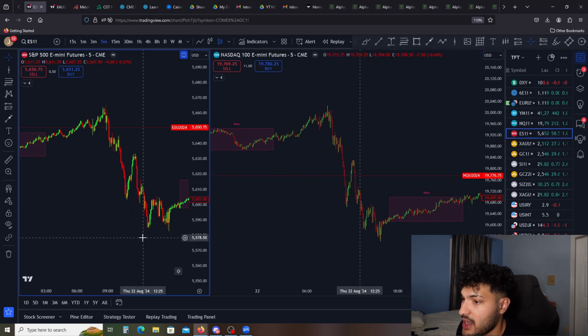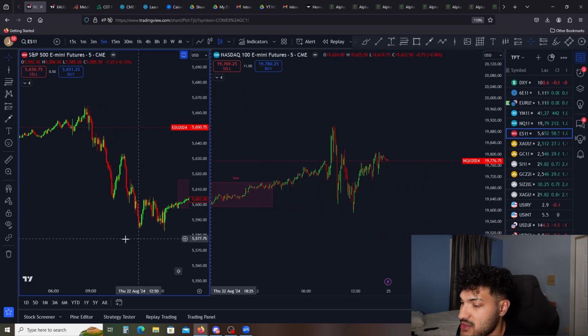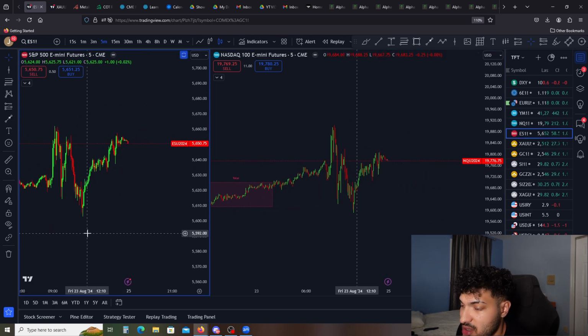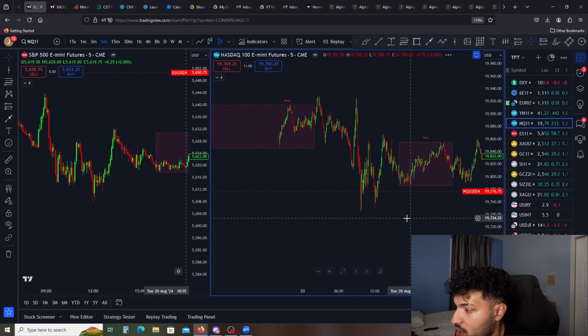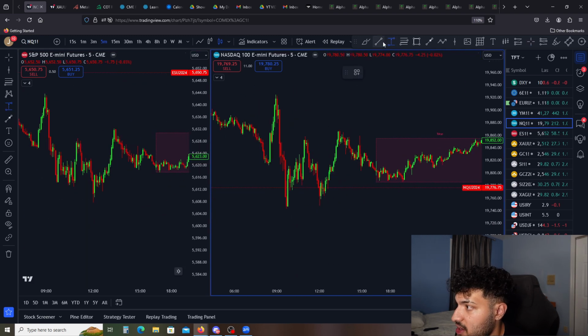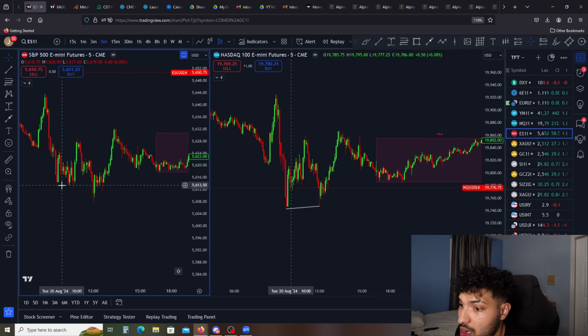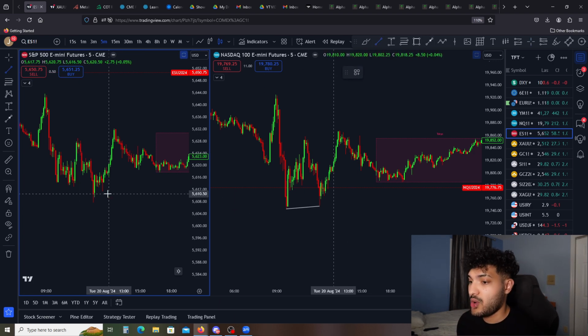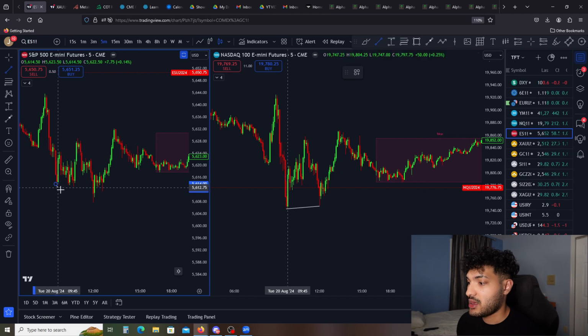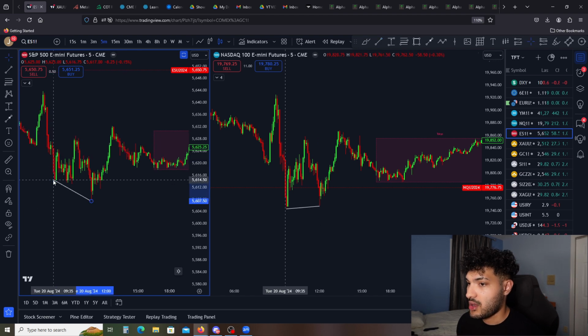Simple. So let's go to recent price action and see if we see anything. Nope, we don't see anything being made. Right here, what did NQ do? We made a higher high on NQ. We made a higher low on NQ, and then we made a lower low on ES.